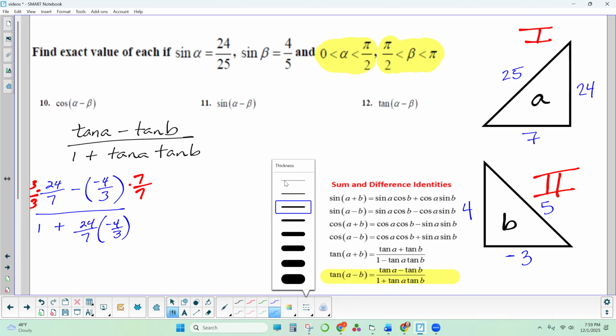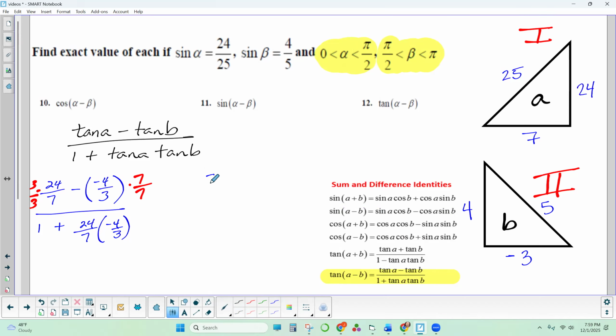And that's going to give me 72 over 21 plus, because I'm subtracting a negative, 28 over 21.